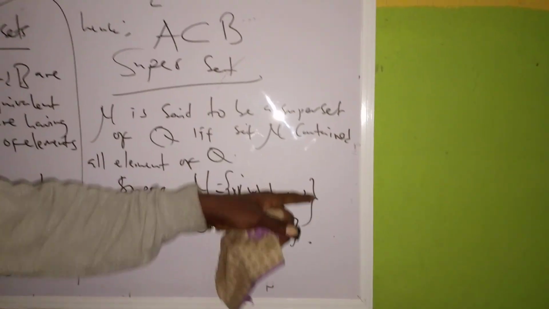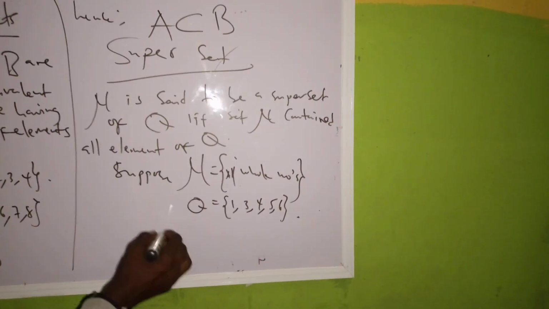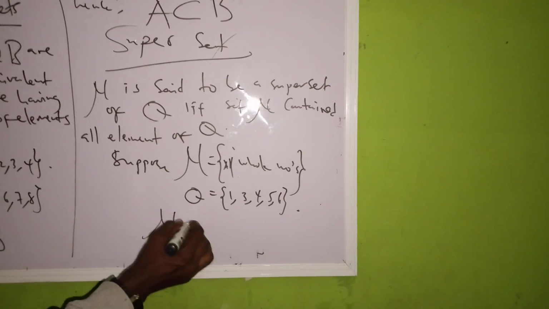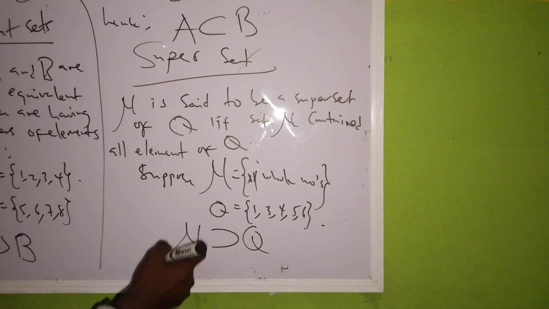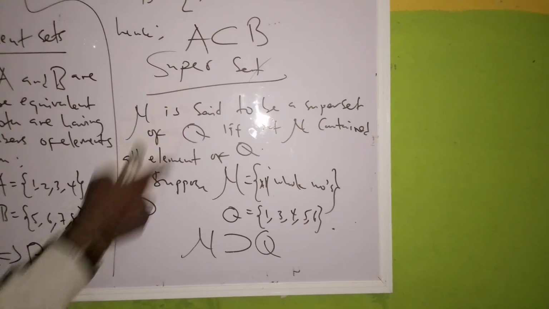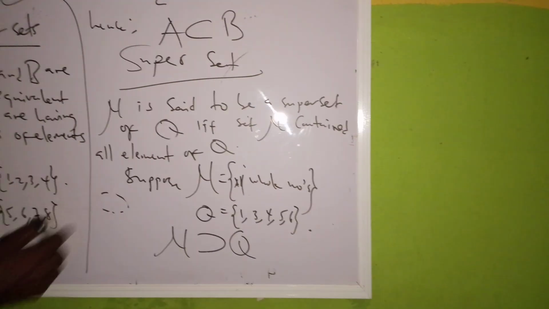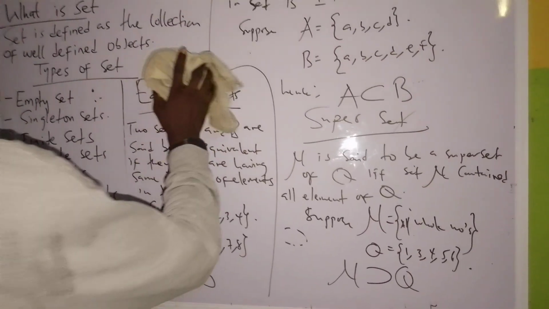If N is all numbers, it has more, and it has all the elements that Q has. So N is a superset of Q. The symbol for superset is the opposite of the subset symbol. This is the symbol for superset. Take note of that clearly. No stress.